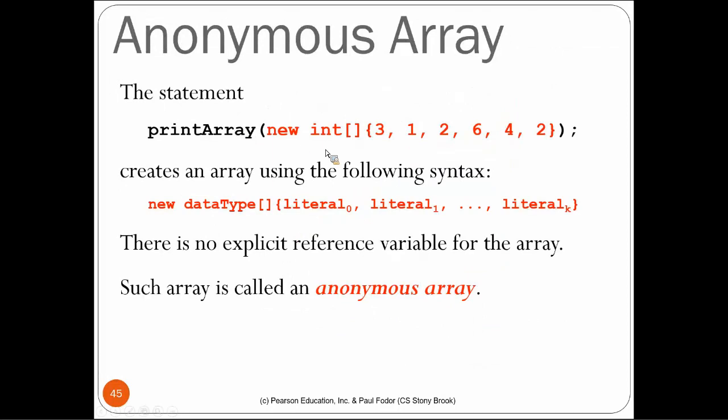For instance, when we have a print statement and we create a new integer array, that will create an array of that given type with the elements in the array. The same syntax can also be used for creating or initializing arrays. However, in this case, we have no explicit reference variable for that array that was created when we invoke the method. Such arrays are called anonymous arrays because we don't have reference type variables.